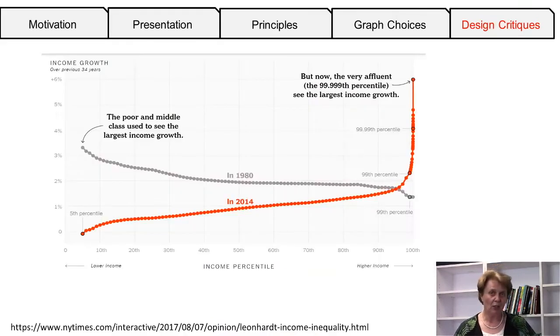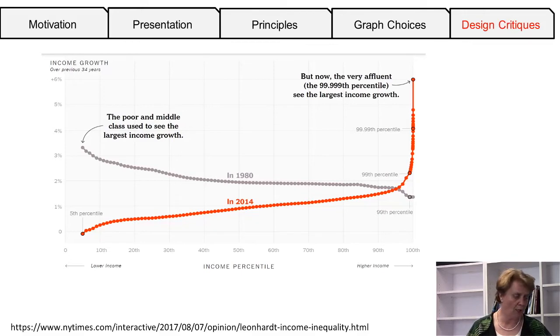The next picture takes a bit more unpacking, but again, this is trying to show dynamics. So, very, very simple picture when you look at it, but then when you start to unpack it, there's a lot of information in there. So essentially, what I like about this is it talks about income growth over the past 34 years.